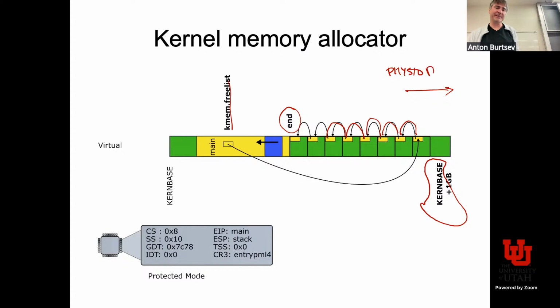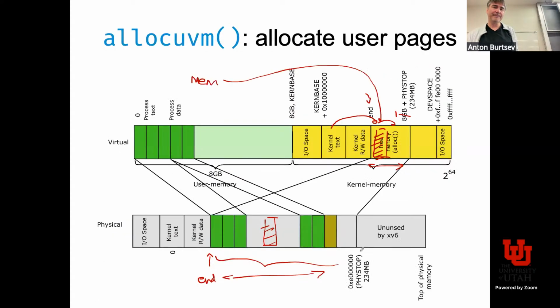The physical stop is somewhere here, but the kernel doesn't allow it to go above, or does it? There was that ternary operator where it says if this top is bigger than. So why is that? No, not exactly. There was a reason why we stopped at 1 gig, at least at the very beginning.